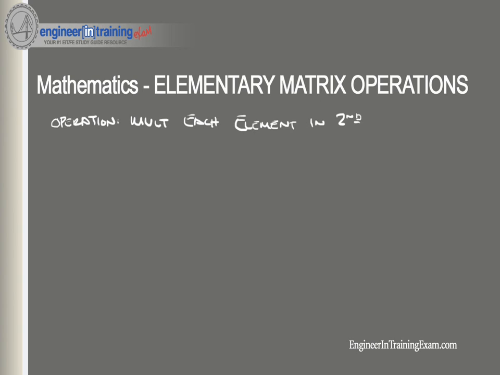So that's our operation. Now we also need to define our matrix. Say we're given the matrix 0, 1, 2, 3, 4, 5.